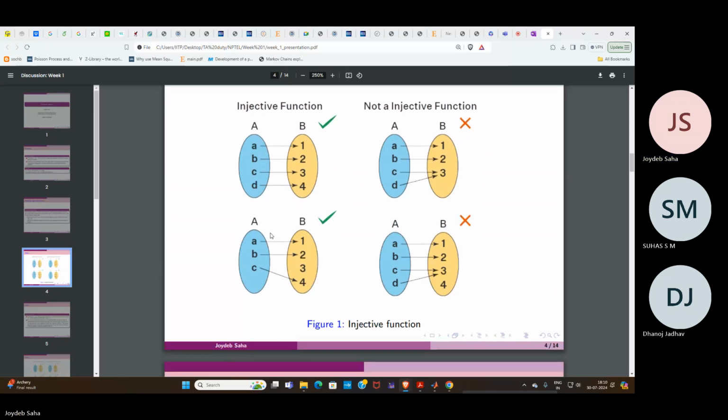Now the second one: set A has three elements, A, B, and C, and set B has 1, 2, 3, 4. Now look, element A is mapped with 1, B is mapped with 2, C is mapped with 4. But there is no pre-image of 3, right?